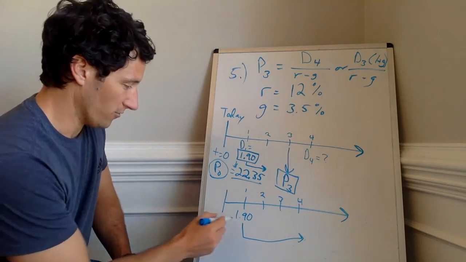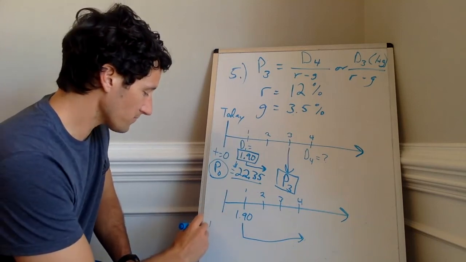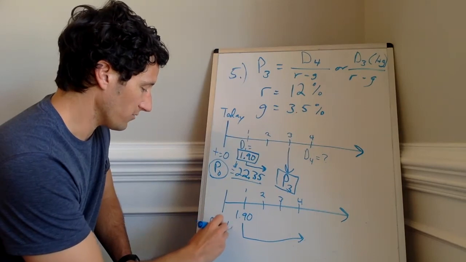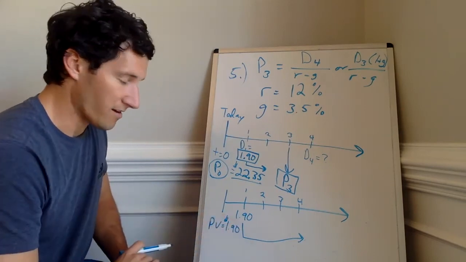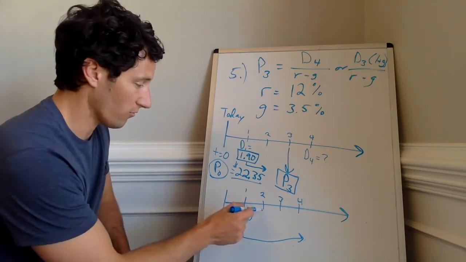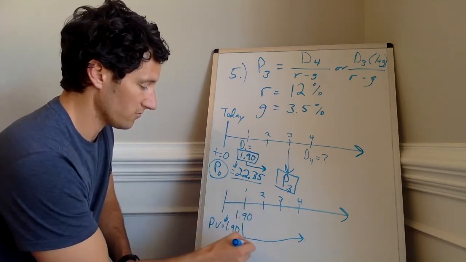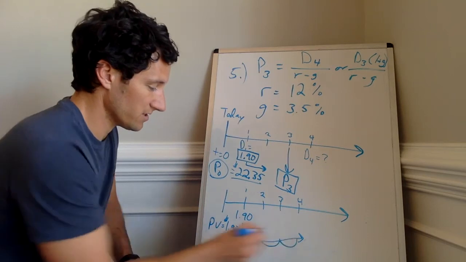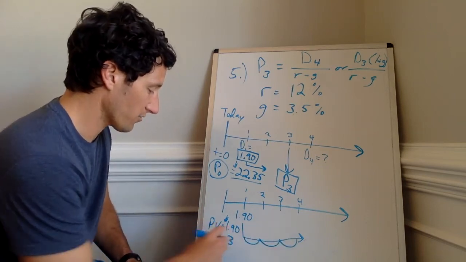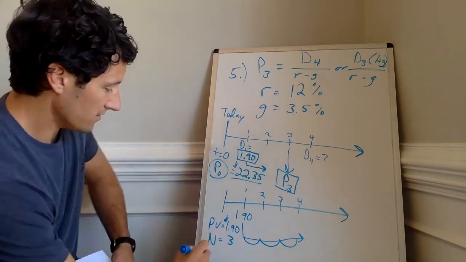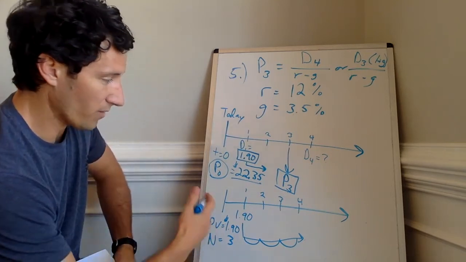All right, so we've got 190 today. Present value equals $1.90. How long is it going to be there? Or how long is it growing? This year, this year, this year. So it's going to grow 3 years. So N is going to be 3. There are no payments, right?